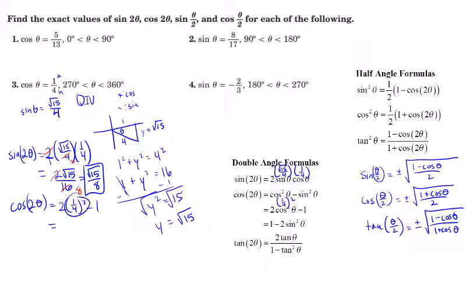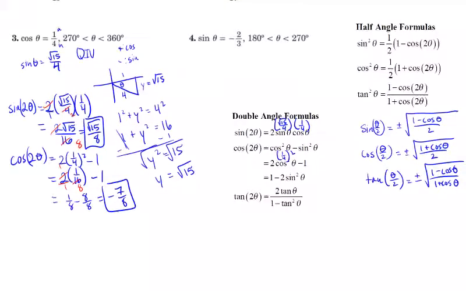And 1/4 squared, we'll do that first. So 1 times 1 is 1. 4 times 4 is 16. Okay. And then 2 over 1 times 1/16. The 2 and the 16 reduce to 1 over 8. So it'll be 1/8 minus 1. And then instead of 1, I'm going to put 8 over 8. So that'll be negative 7/8. So that's what cosine of 2 theta is, okay?